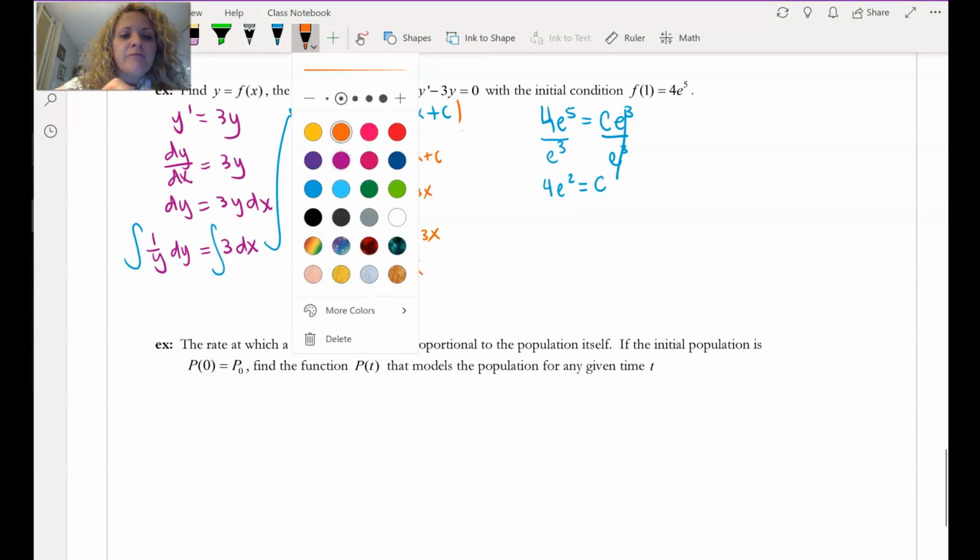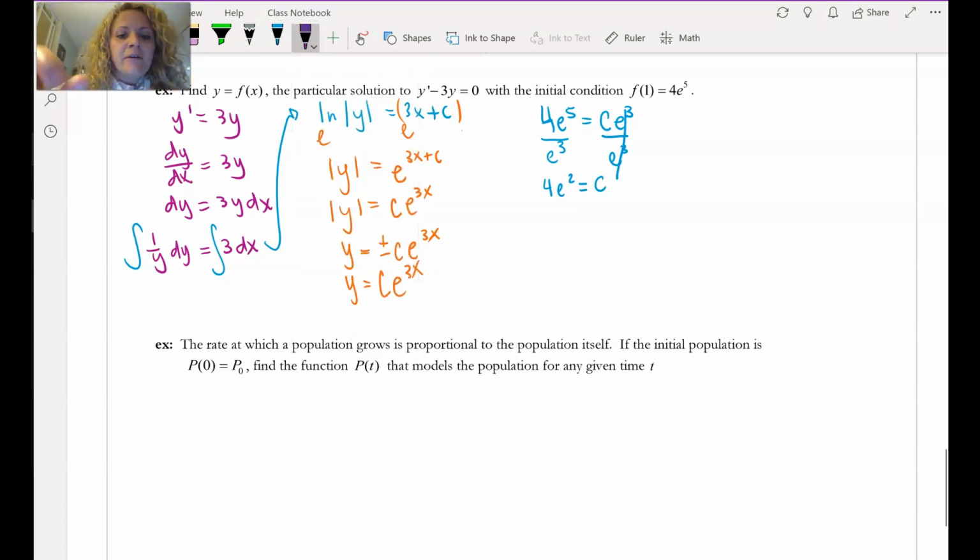All right, our final steps, just putting this all back together. I can't end with c. I've got to rewrite my equation. y equals c, so 4e squared times e to the 3x. And then we could leave it that way. I mean, that's fine, that's correct.